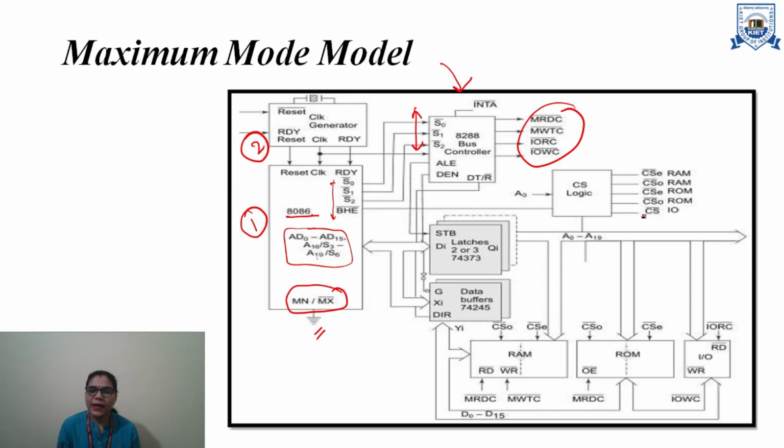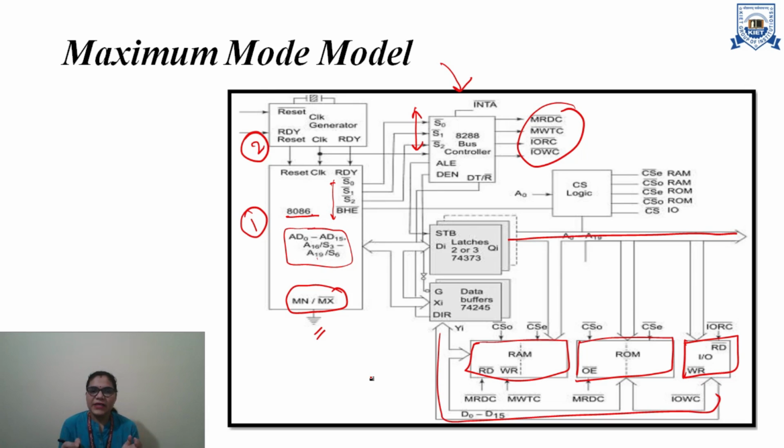In the basic architecture, we will have the memory, both types of memory, RAM and ROM, and input output chip. So we will have components related to memory and input output. And these components will be accessed by address and data buses.